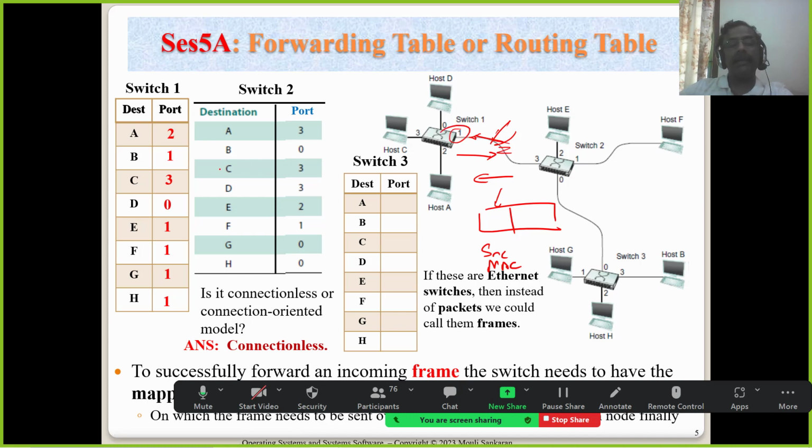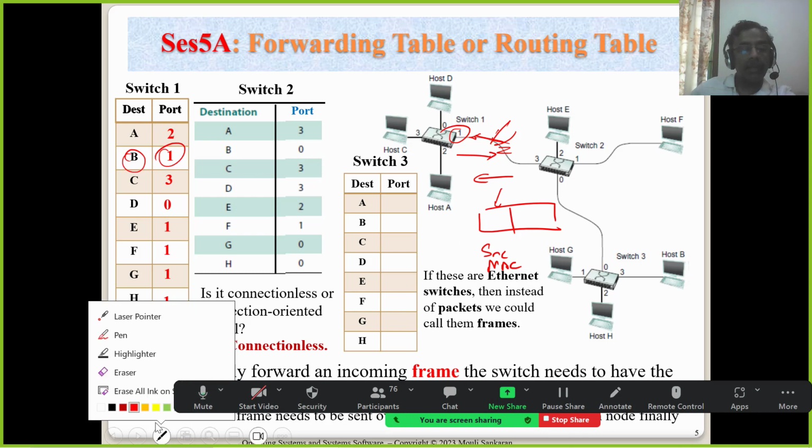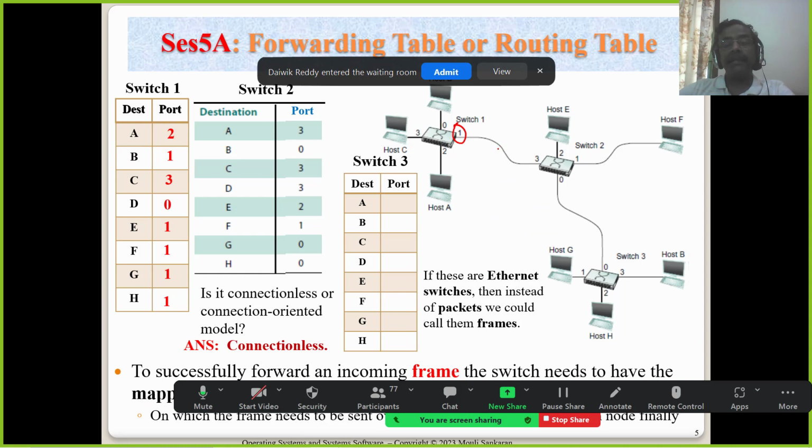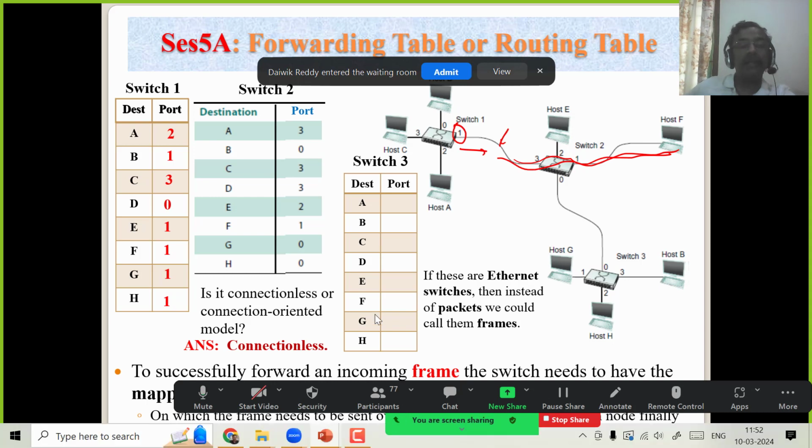So it makes that entry for that particular MAC address with that port. That's what it learns from. Being available on that port doesn't mean it is directly connected. It could be further down, but if I send it here, somehow it will reach that guy.